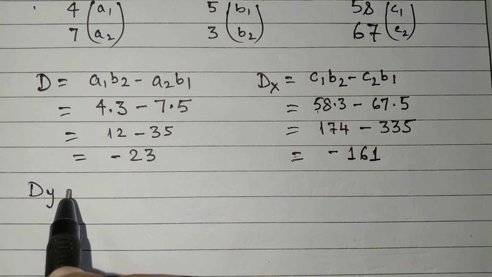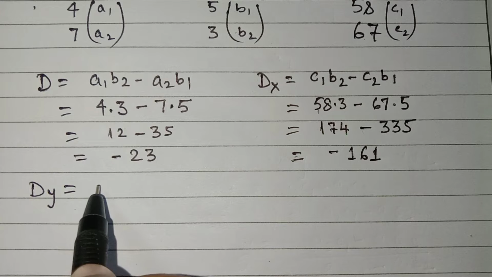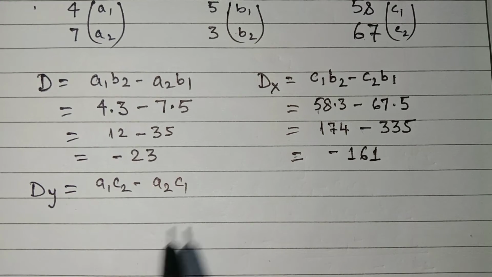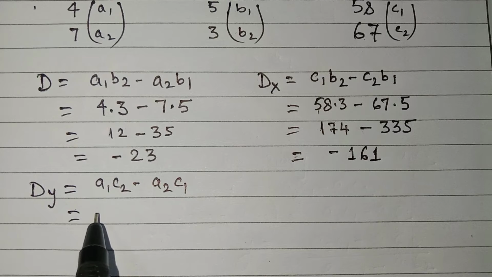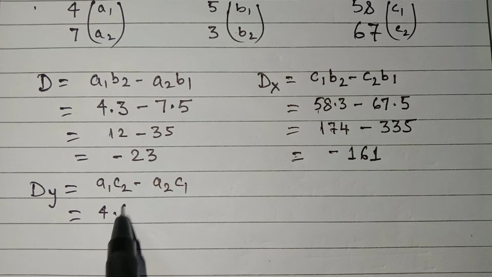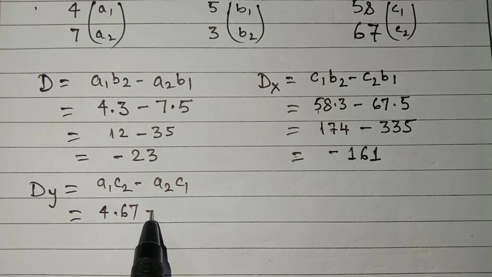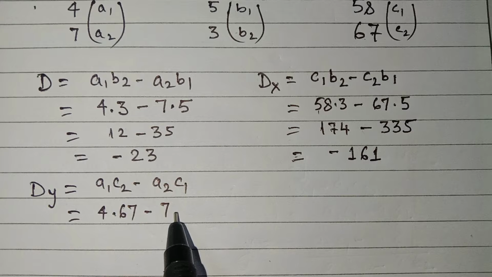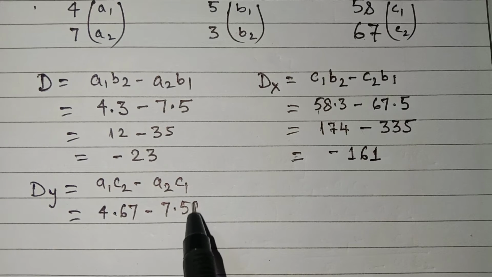Now let's calculate what is Dy. Dy is equal to a1 c2 minus a2 c1. So a1 is 4 and c2 is 67 minus a2 is 7 and c1 is 58.